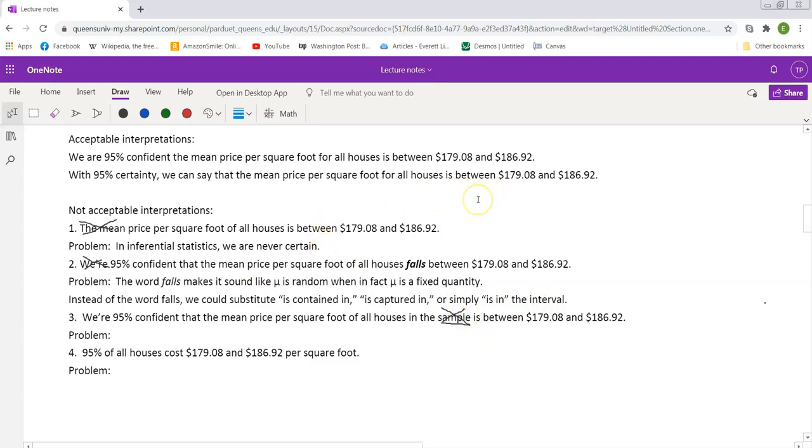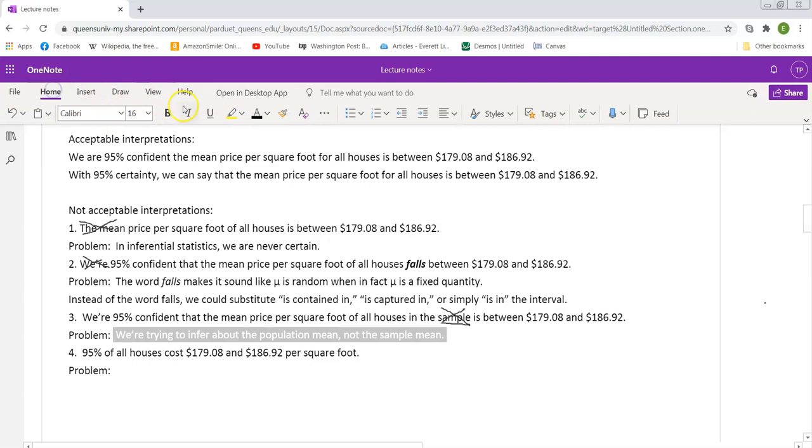We were told it in the original problem. The sample mean is not what we're trying to make inference about. It's the population mean we want to know. So, leave out that word sample here. Okay? And don't do any language equivalent to it, like the mean price per square foot of the 100 houses is in that interval. Okay? So that's the problem there.